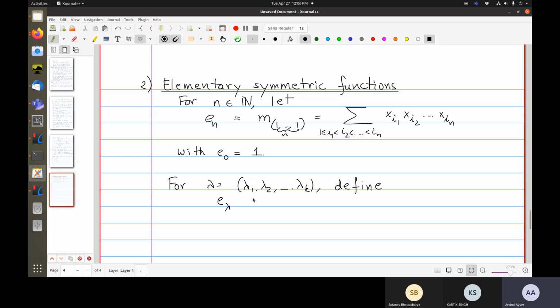Now it's indexed by a partition, and is just E lambda 1 times E lambda 2 times up to E lambda k.